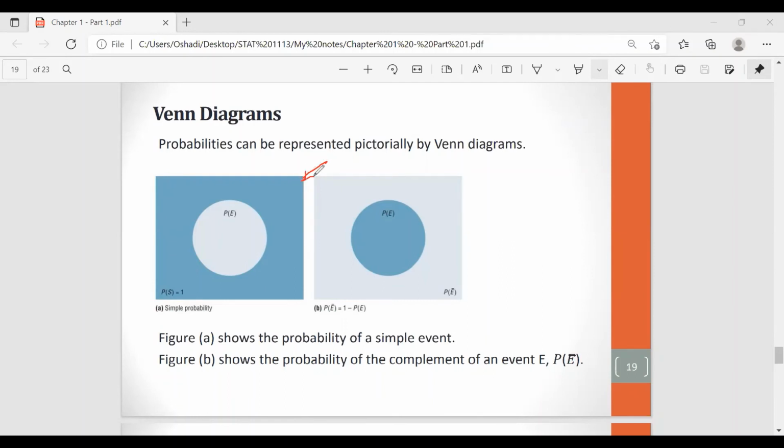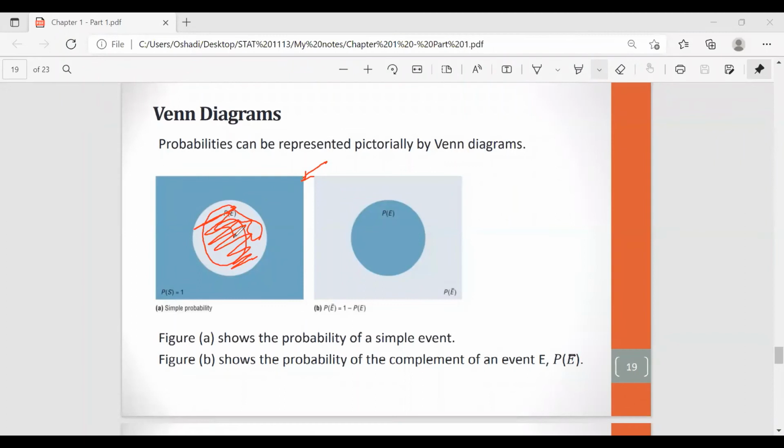And the probability of a simple event, if we denote it as E, can be denoted using this circle, right?